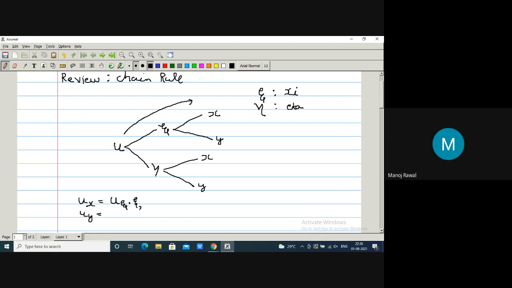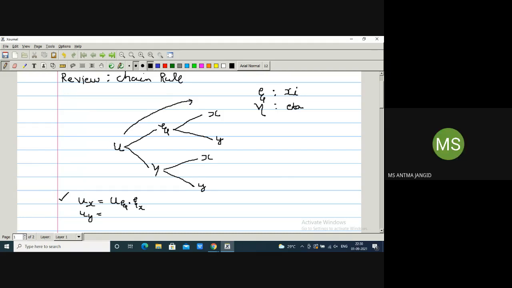So I have dealt with this option. Now, am I done with respect to x? Have I differentiated with respect to x completely, or do we need to add something more?